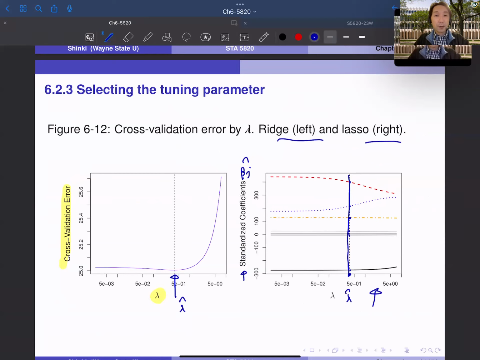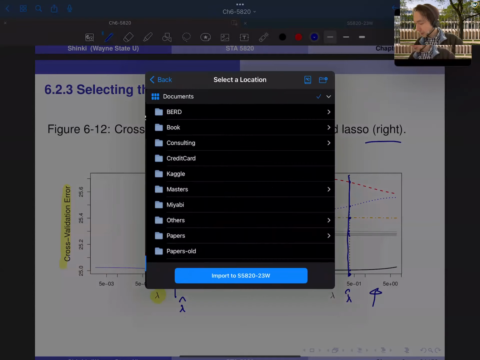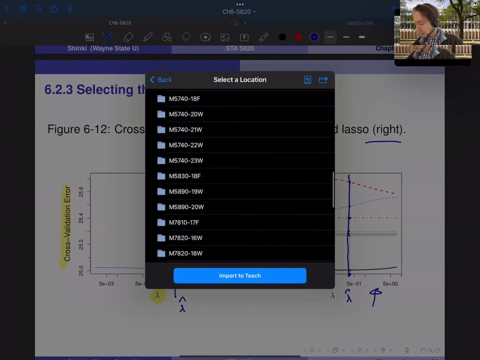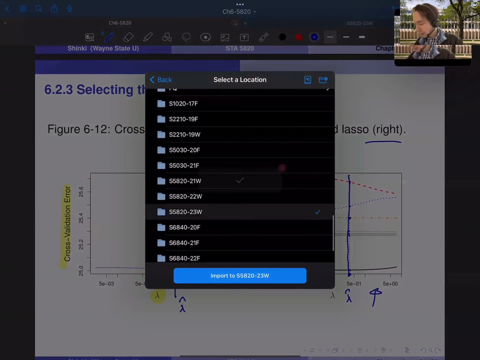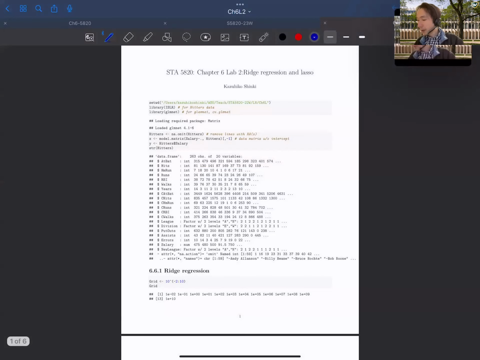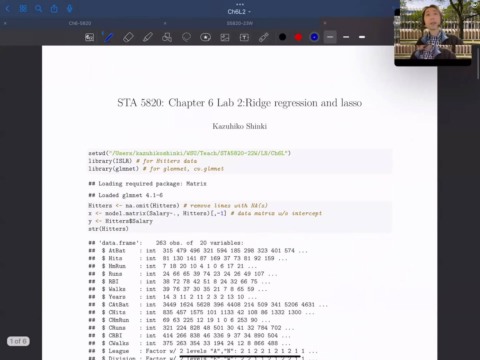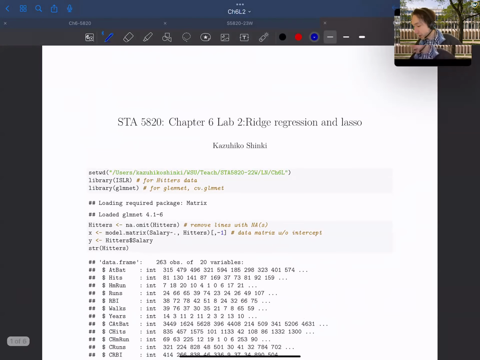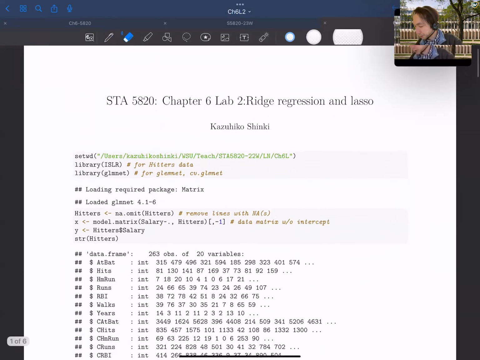Okay, so now I go to the lab session, lab 2. This is the implementation of lasso and ridge regression.